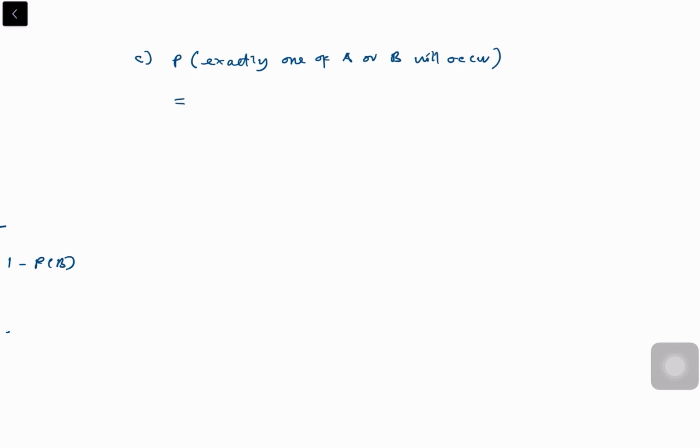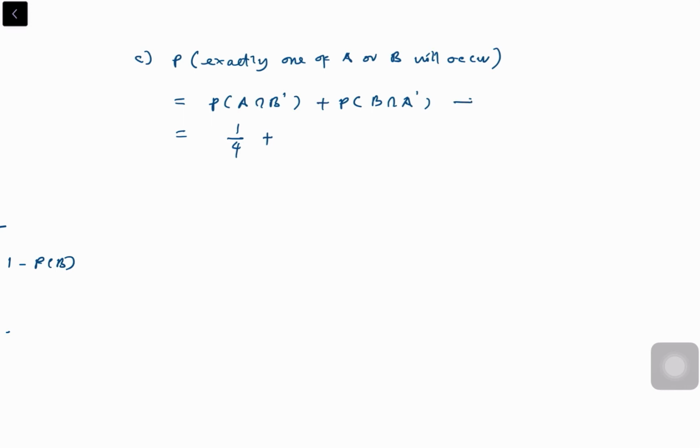This is equivalent to the probability of A intersect B complement plus the probability of B intersect A complement. We already have the value of A intersect B complement, which is 1 over 4, plus the value for B intersect A complement.